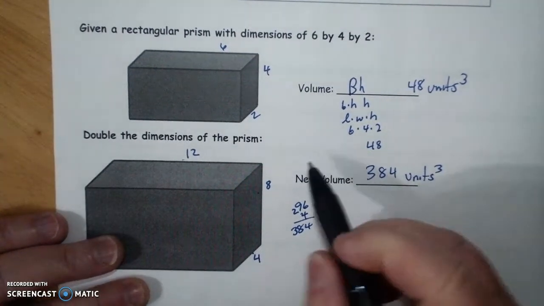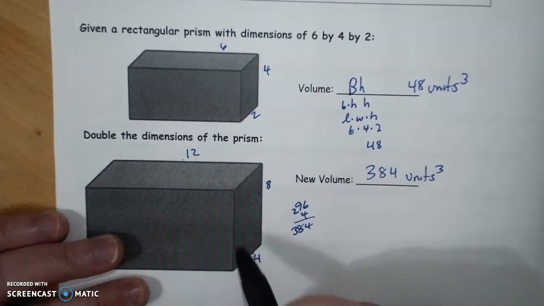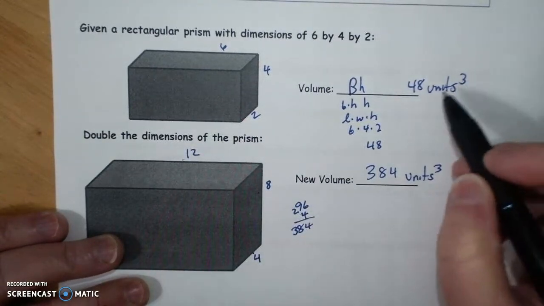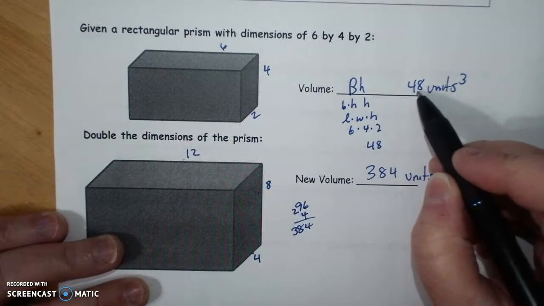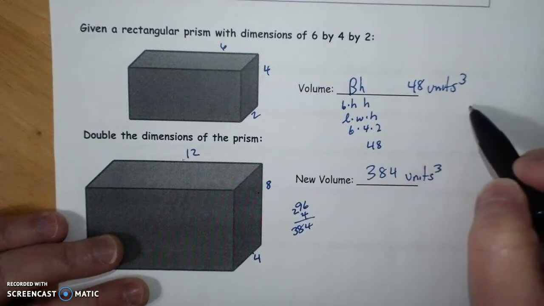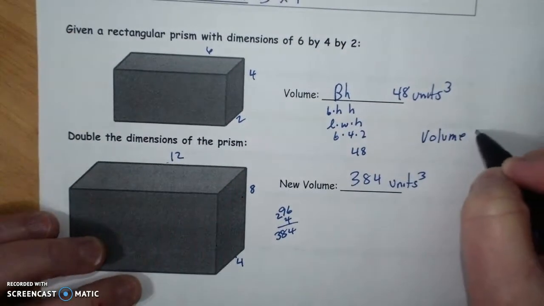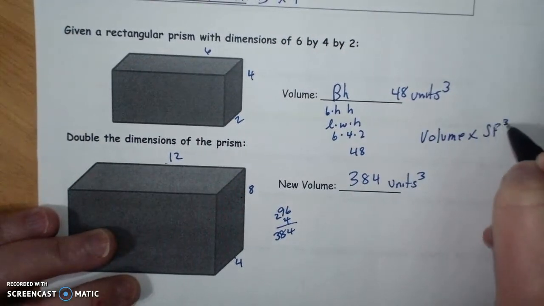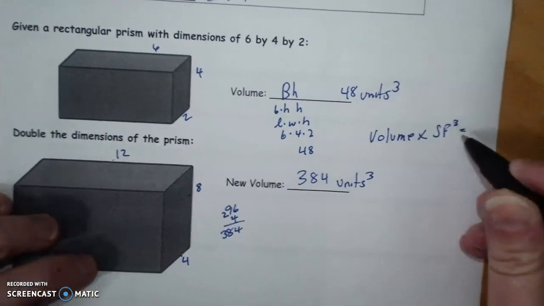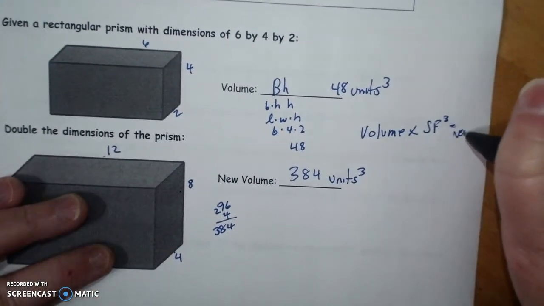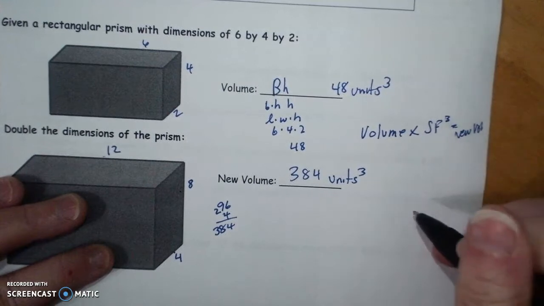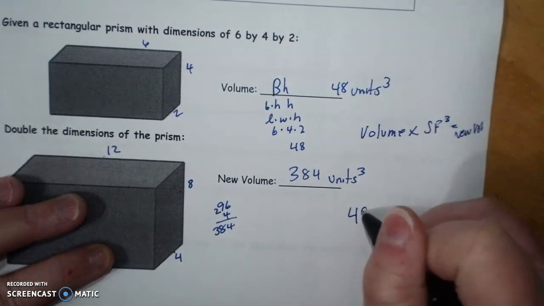Okay? Now, if I didn't manually do all that, I could say I have the volume 48, so volume times scale factor cubed equals new volume. My volume was 48.